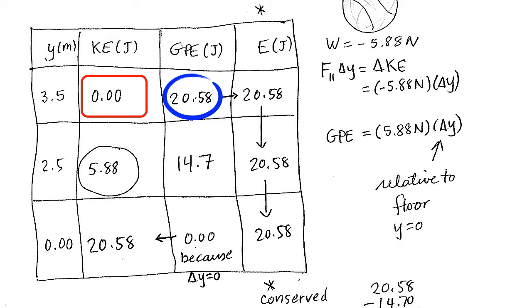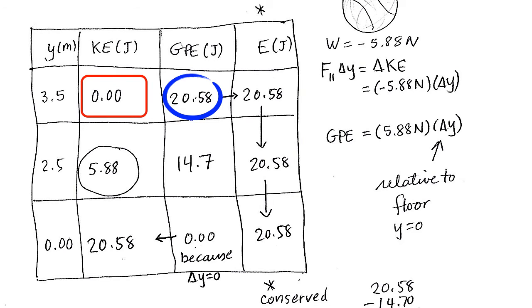And that's measured relative to the floor. So in this particular case, it's 5.88 times 3.5. And when you do that, you get 20.58.